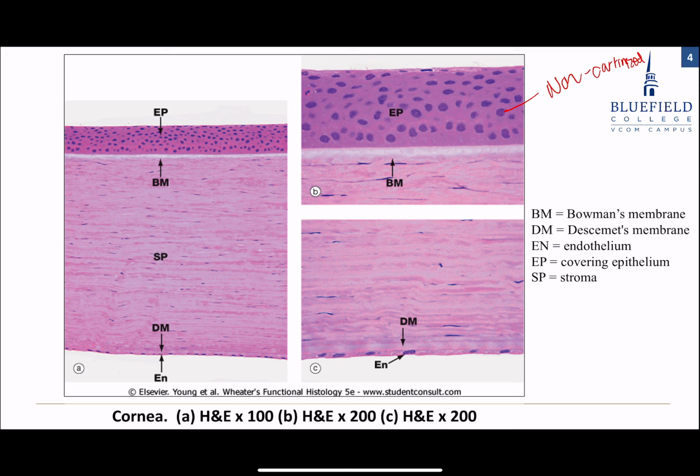We refer to that layer as a stroma. It's responsible for the bulk of the thickness there, and you'd be correct in terms of the pink you're seeing in there are collagen fibers. And the nuclei you're seeing in there are the nuclei of the fibroblasts in between the collagen fibers, and so they kind of line up into rows.